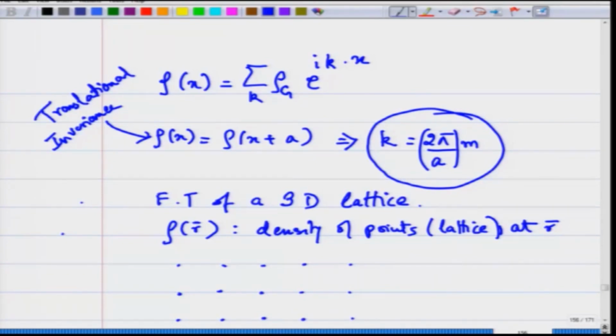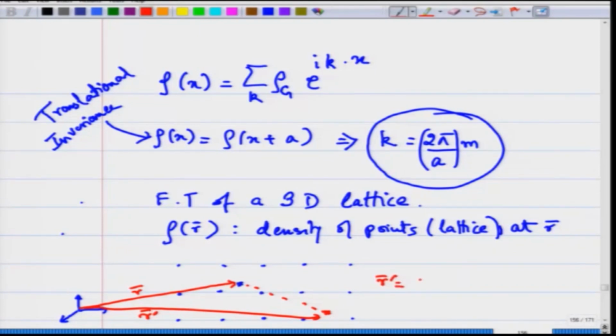With respect to some origin, you have a point in the lattice which is located by R. Now, translational invariance says that if you move from this point in the lattice to another point in the lattice R prime, where R prime is equal to R plus capital R, where capital R is the translation vector of the lattice.